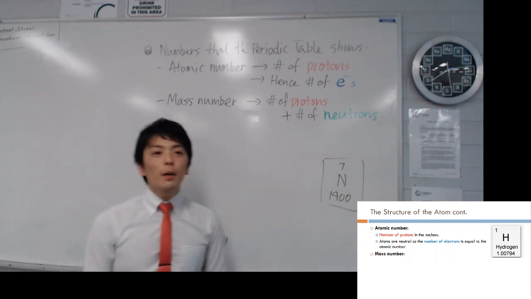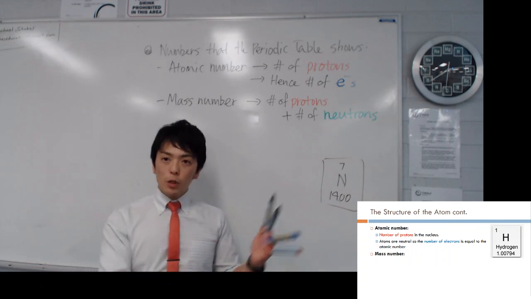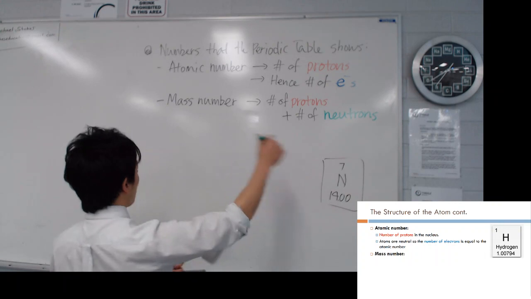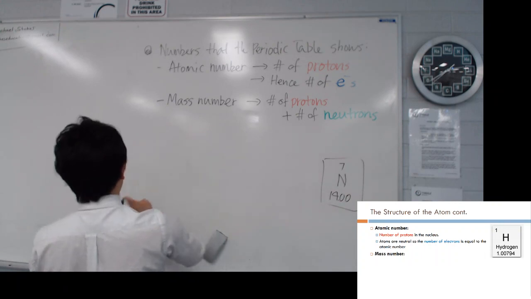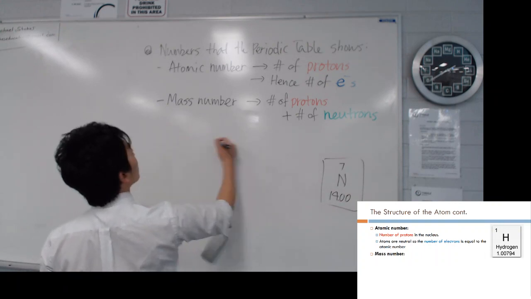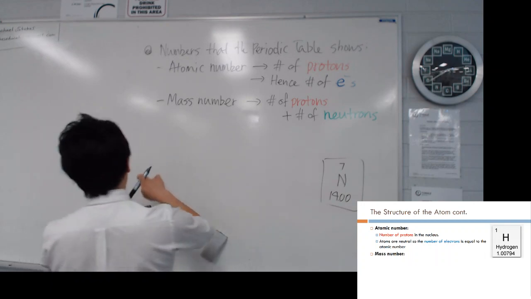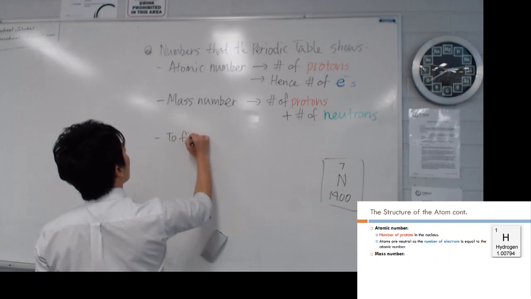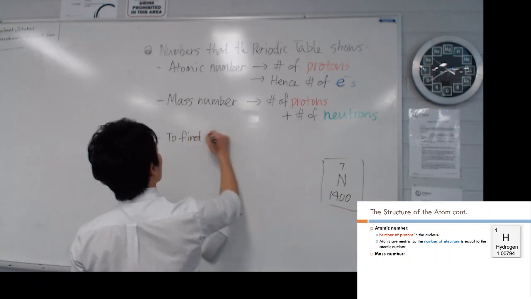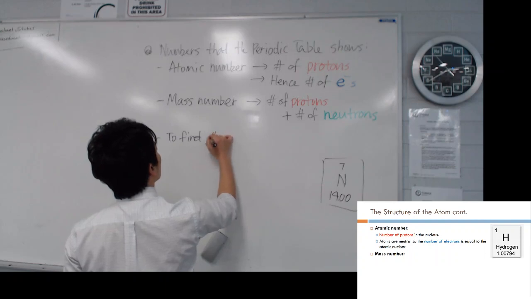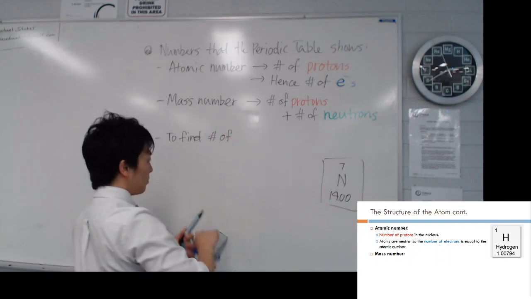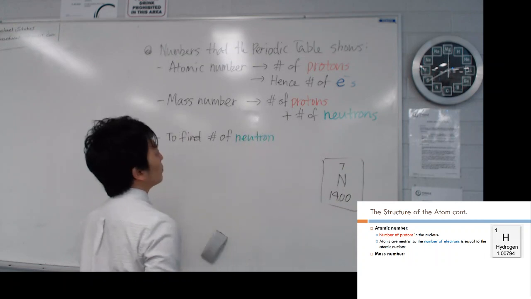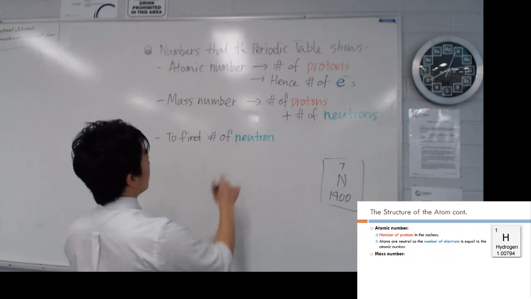So how would you find the number of neutrons from what you know? Well done. That's really what you should do mathematically. I'll write it here. So to find neutron.